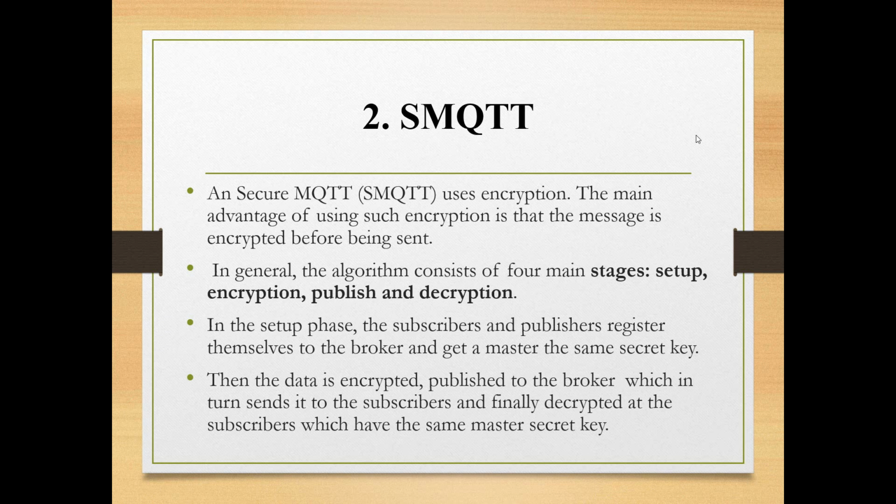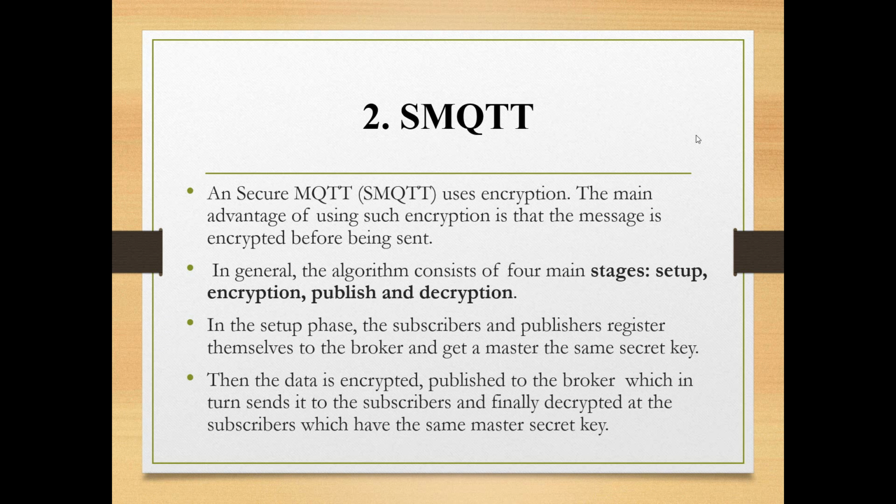In the setup phase, the subscribers and the publishers have to register themselves with the server and get the master secret. So before the publisher sends the information to the subscriber, they first have to have an agreement on which secret key to use for encrypting and decrypting the message.